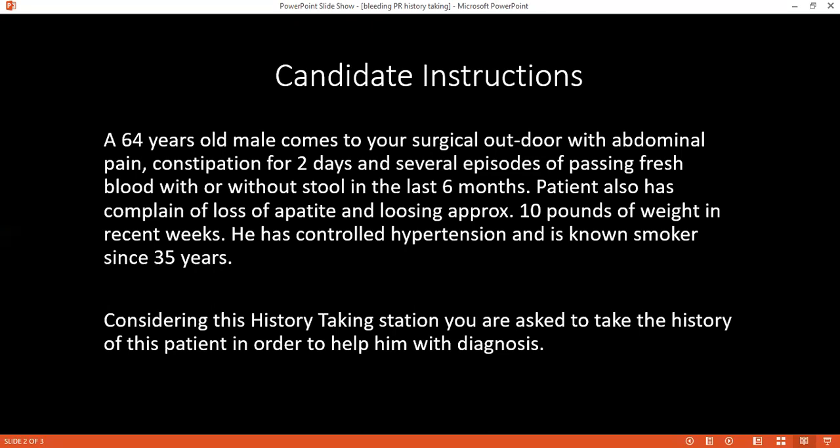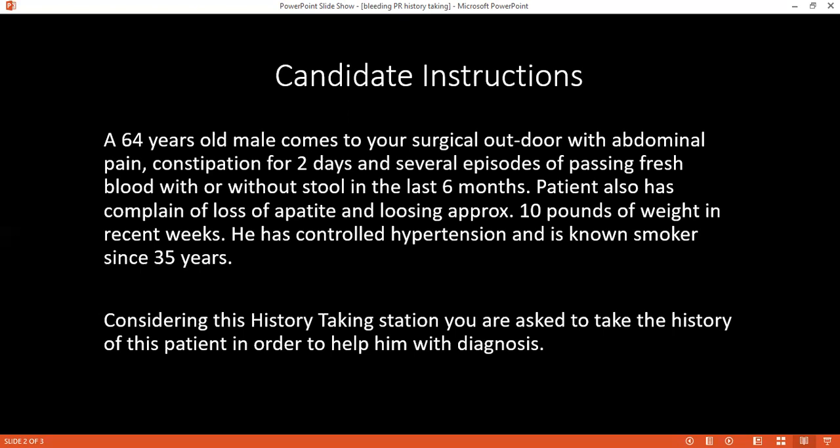No. Okay. Do you have any family member who has some bowel problem? Yes, my father has the same condition. Any cancer in your family? Yes, my father has the same condition and he died, unfortunately. Okay. Are you using medication for hypertension?